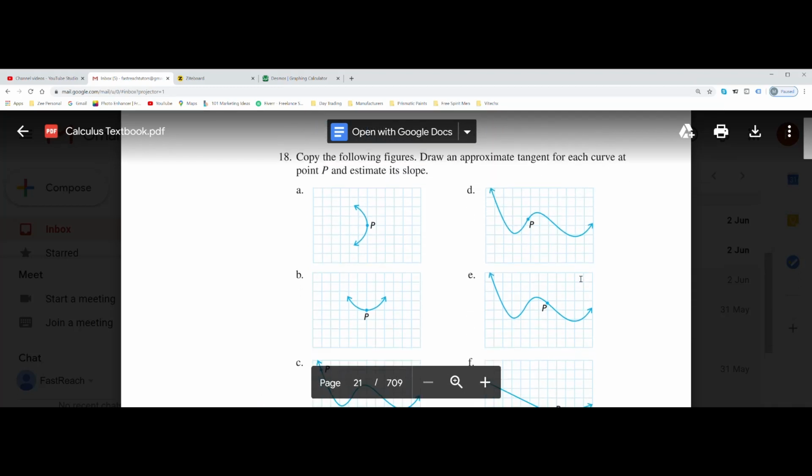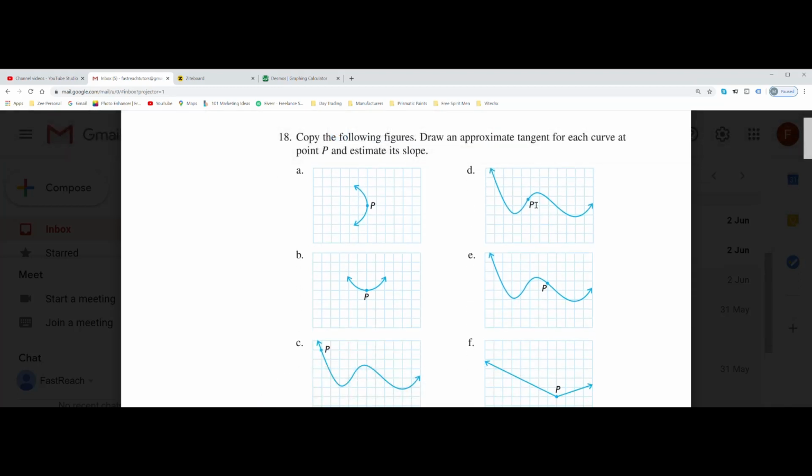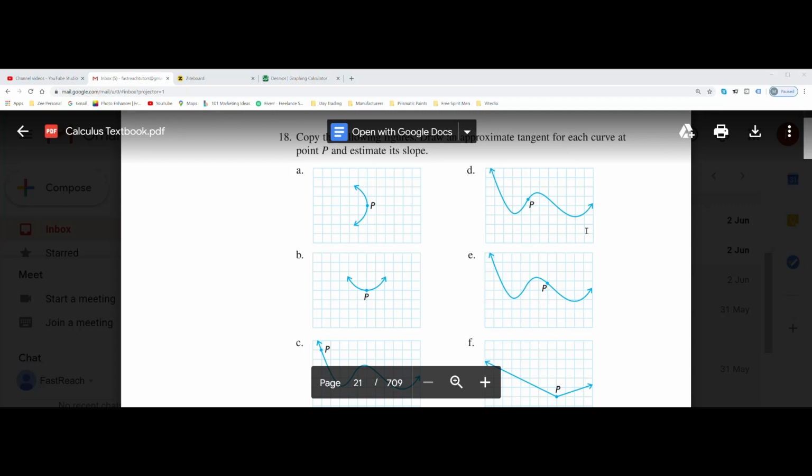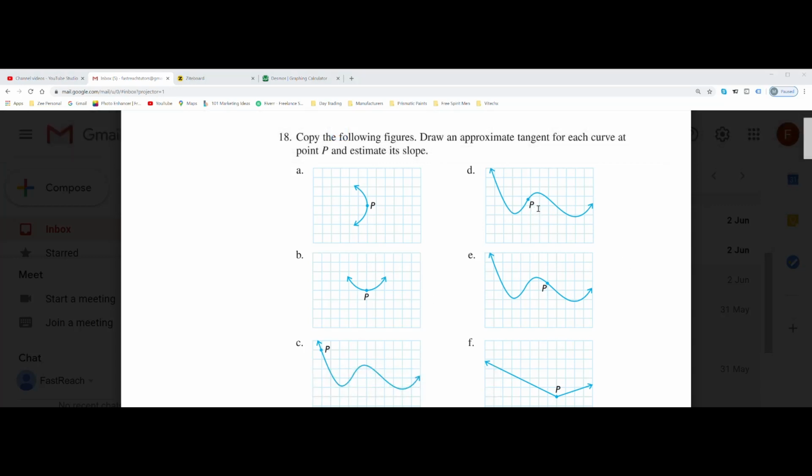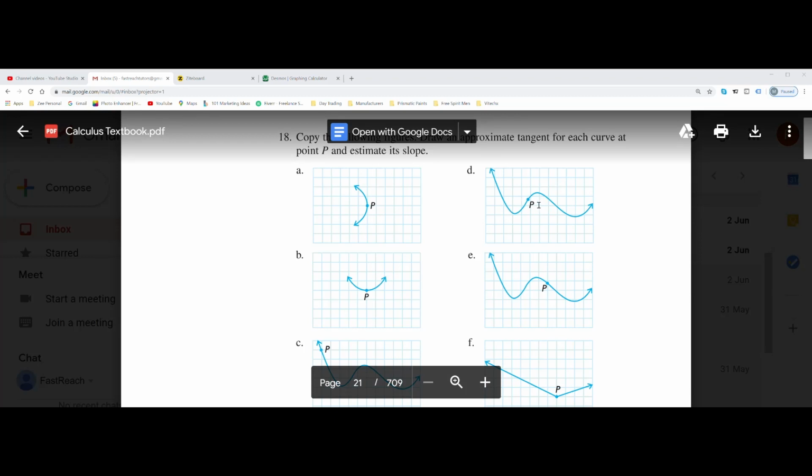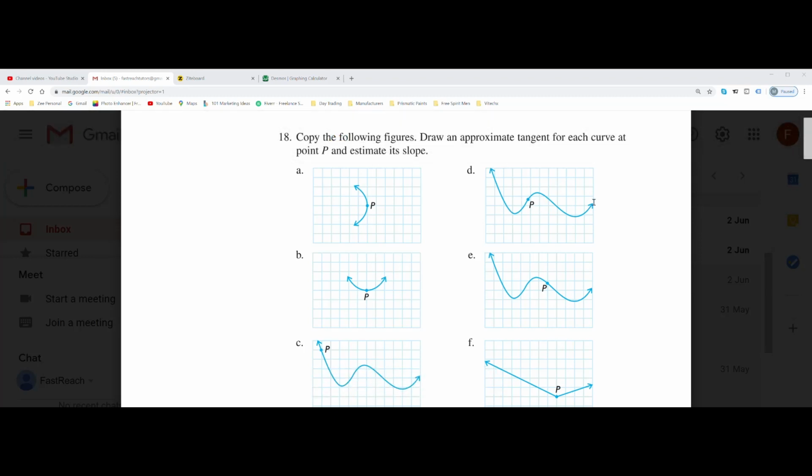Okay, let's do the d. Let's look at this point. Rise over run. This is a positive slope, and the rise is almost 1, you could say maybe 0.8.